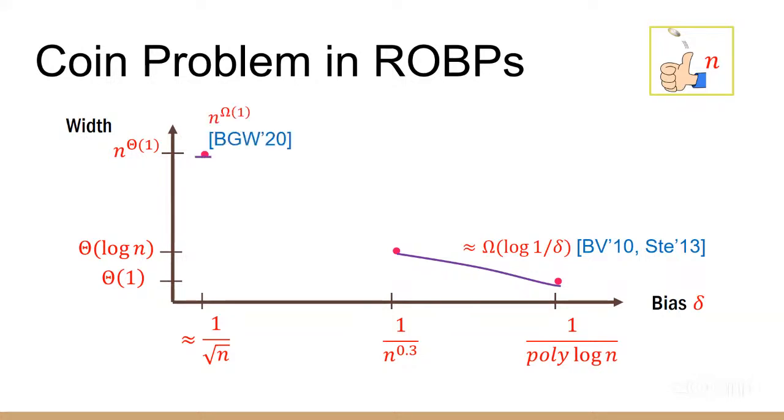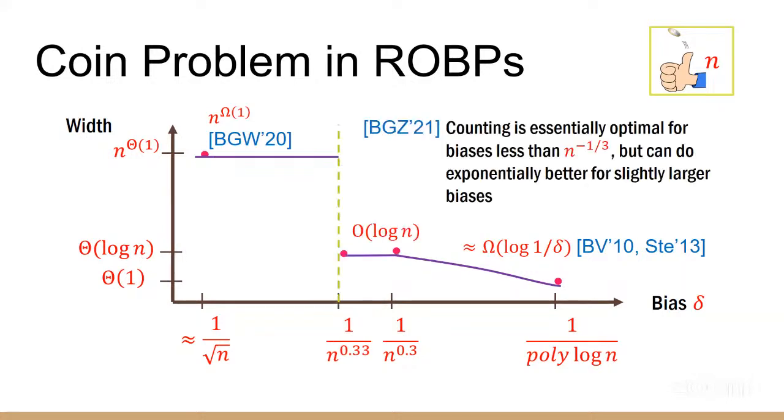In 2020, we proved that if the bias is 1 by square root n, then you require n to the omega 1 width, that is polynomial width, for read-once branching programs to solve the coin problem. But there is still a gap, and in 2021, we showed that there is actually a phase transition that happens at n to the minus 1 by 3.